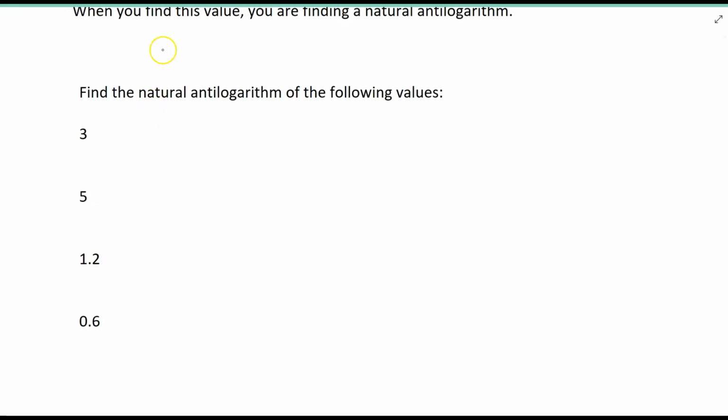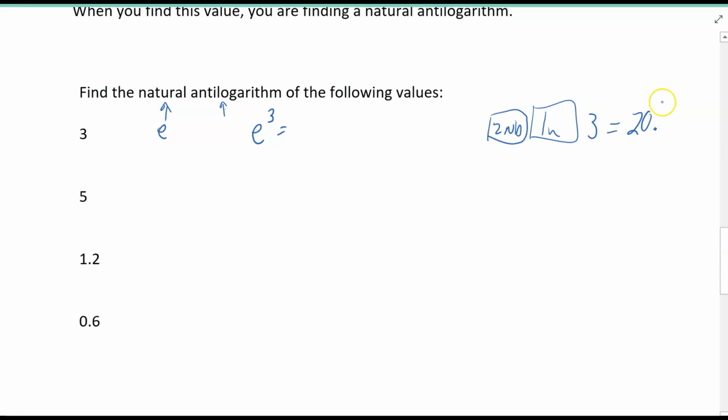So natural is telling us that the base is e, and anti-logarithm means we must raise e to that power. So we're doing here e to the 3. I'll use second function, the ln key, raise it to the power of 3 and equals. That gives us 20.086.